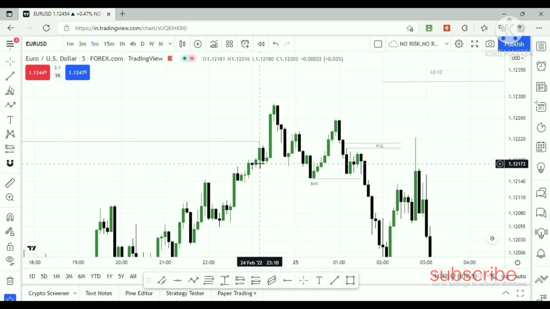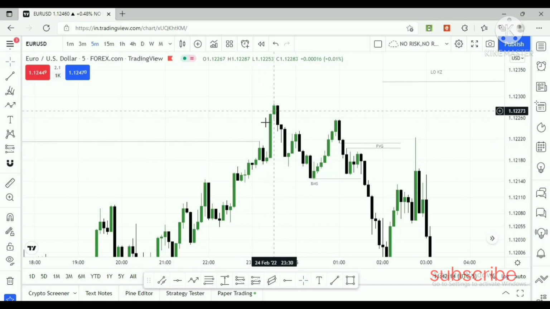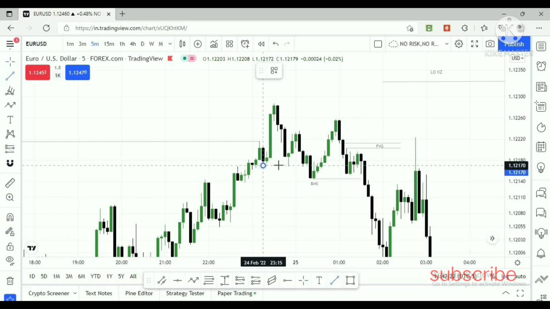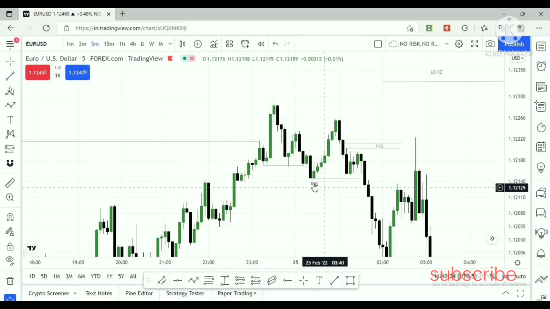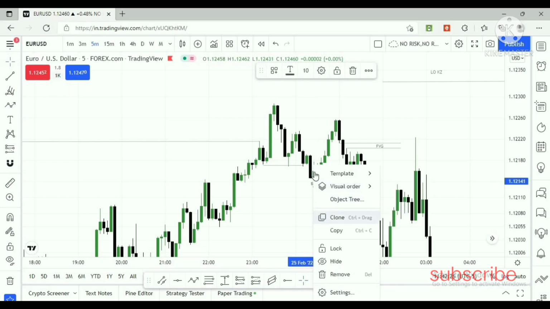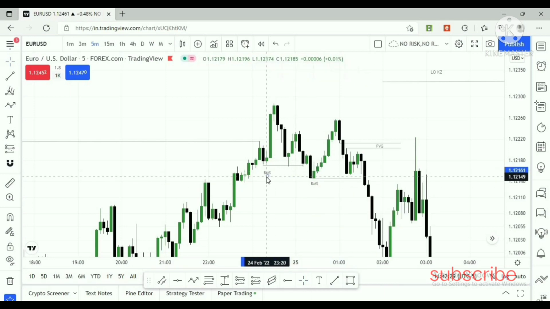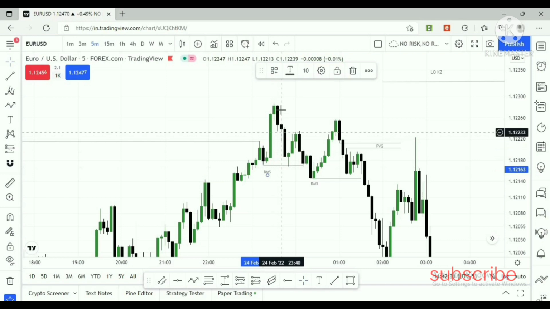That indicates these three same bullish candles are an order block. This low is broken, a break of market structure. So these three candles are an order block.